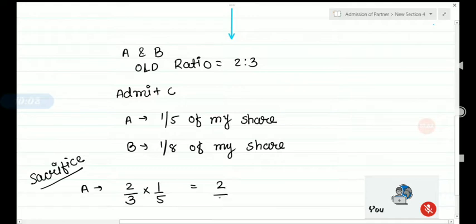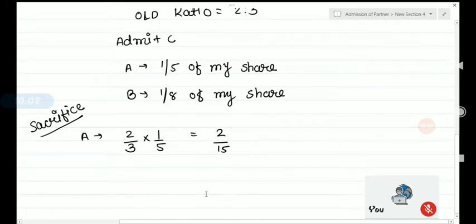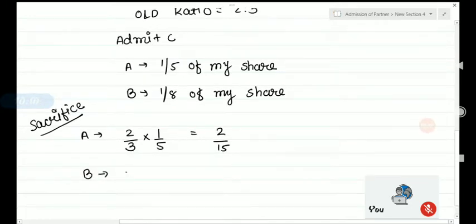A is sacrificing 2/15. In the same manner, what is the sacrifice of B? Then sacrifice of B is 3 upon, sorry, it is 2 upon 5. 2 upon 5 into 1 upon 5. So it will be 2 upon 25.